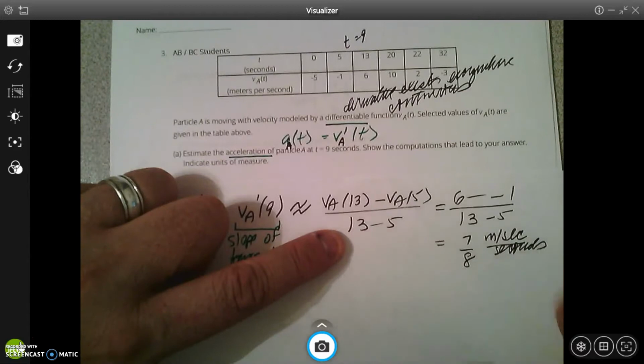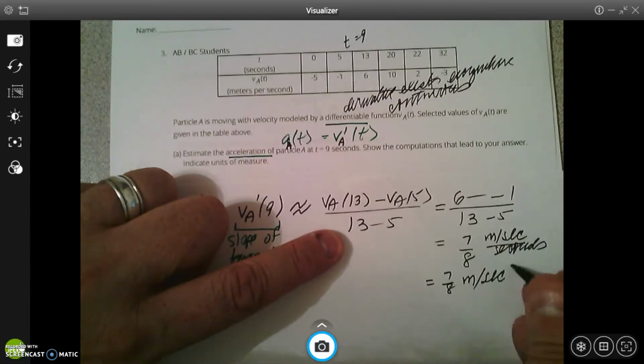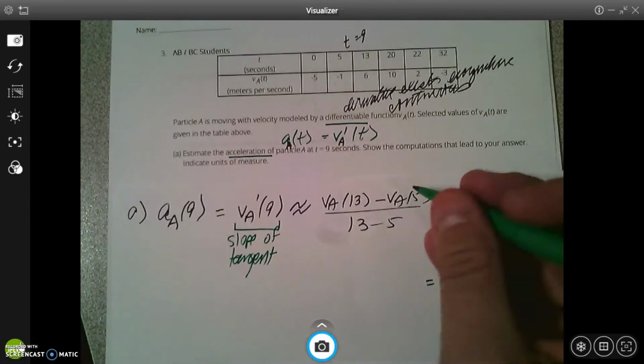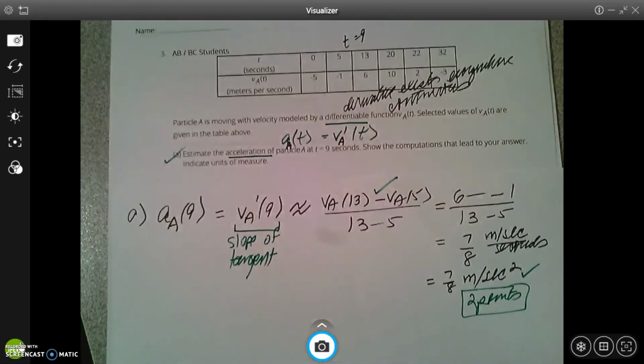So the units are going to be meters per second, or if you would prefer, meters per second squared. You would get 1 point for showing this difference quotient and 1 point for coming up with the correct units, for a grand total of 2 points. Not too bad. Let's check A off the list.